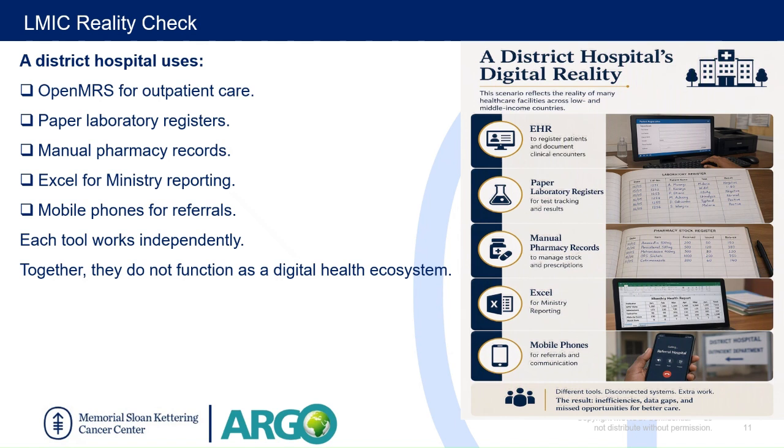But more importantly, hospital leaders and public health officials may be making decisions based on data that are incomplete and inconsistent. So a well-designed digital architecture would allow much of this reporting to be generated automatically from routine clinical documentation.